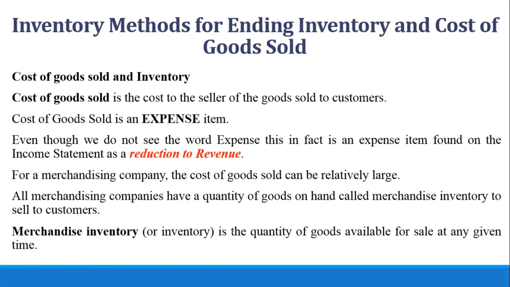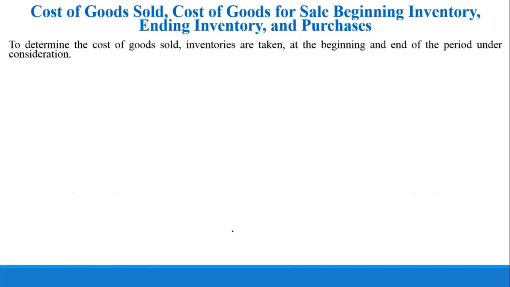Kaya all merchandising companies have a quantity of goods on hand which is called the merchandise inventory to sell to customers. Okay, so yung merchandise inventory na yan, that is the quantity of goods available for sale at any given time. Alright? Ayan.